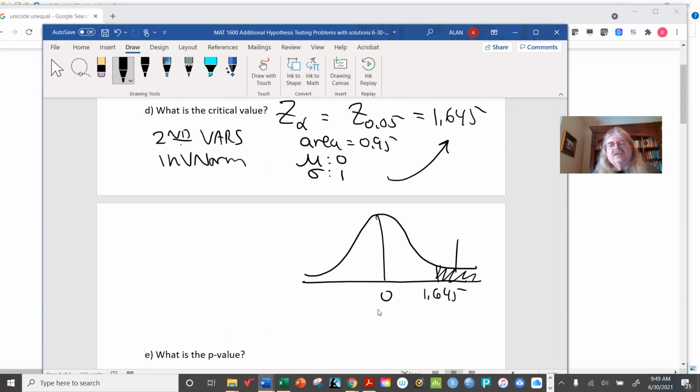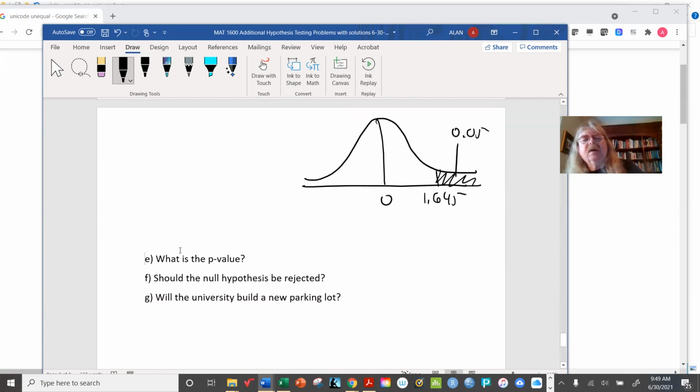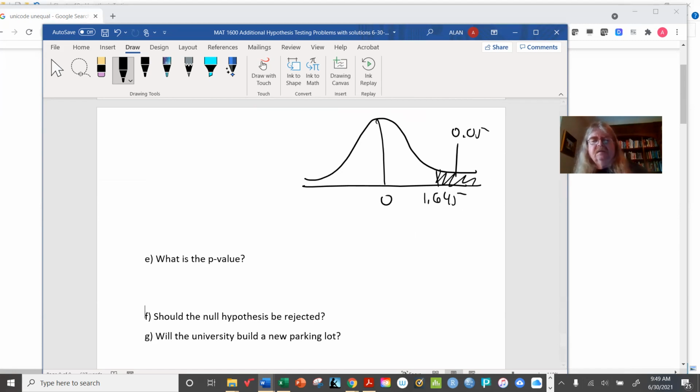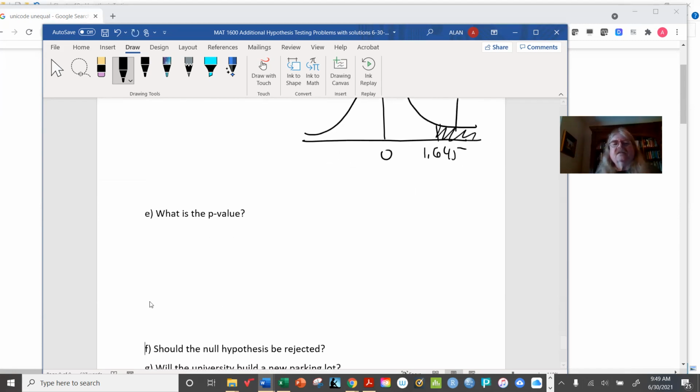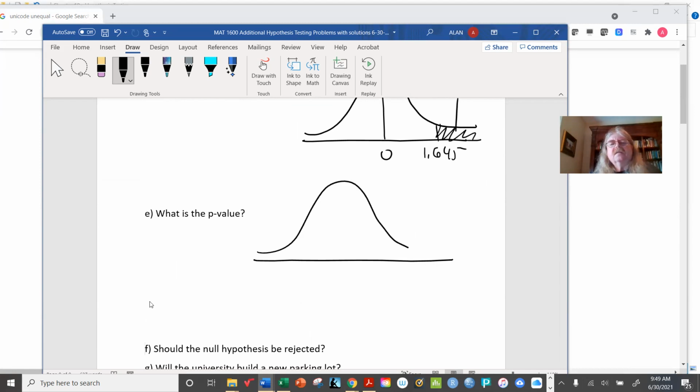So this is my rejection region. I guess it doesn't look good, so the p-value is going to be really high this time. Since it's a right-tailed test, we're going to be looking for everything above 0.488.